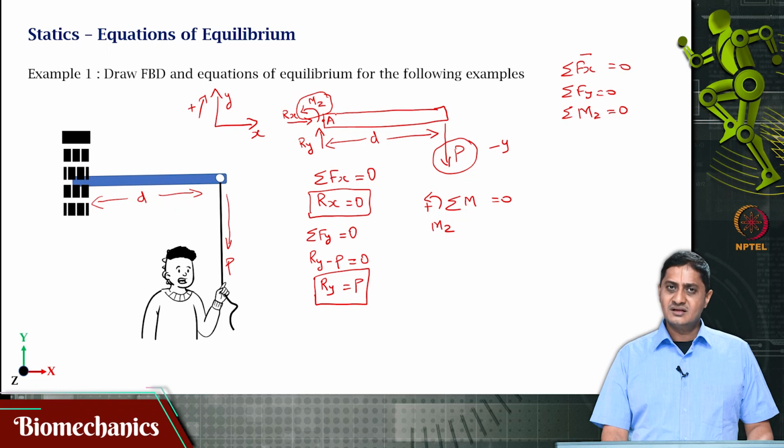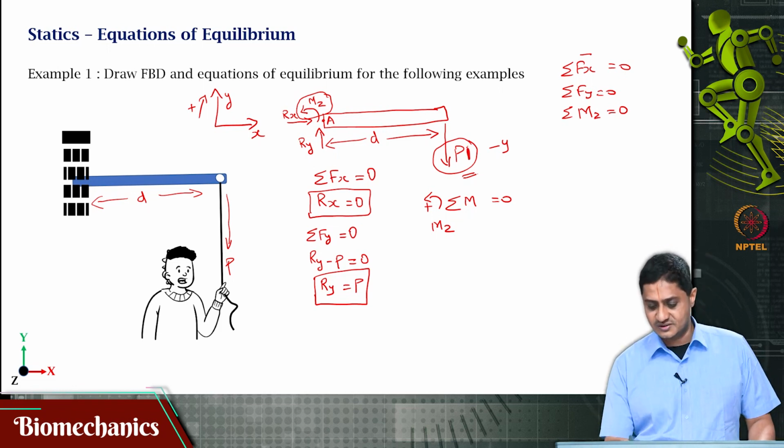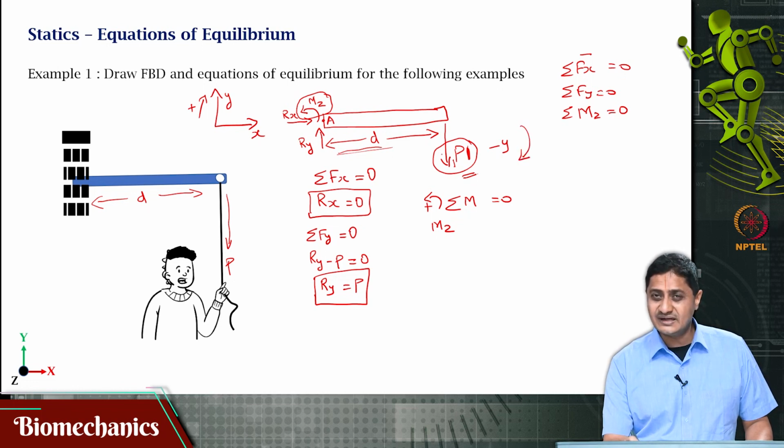Are we done? The answer is no, because there is this force, that is the P force, that could cause a moment. Right. So, let us write this out, and remember, this force P is acting here at a distance d, and will it be a counterclockwise moment? The answer is no, because it is in the negative y direction.